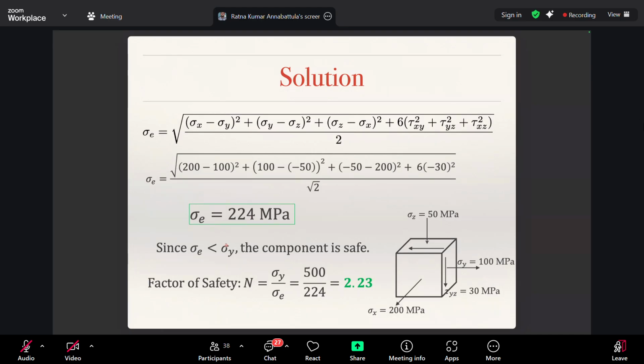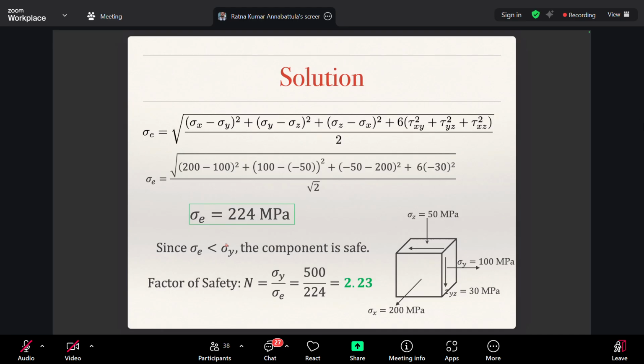So now let us do a scenario. We have made a mistake in two symbols. Let us make minus 50 to be plus 50. What happens? Let us see. Instead of writing sigma z as minus 50, we have written plus 50.